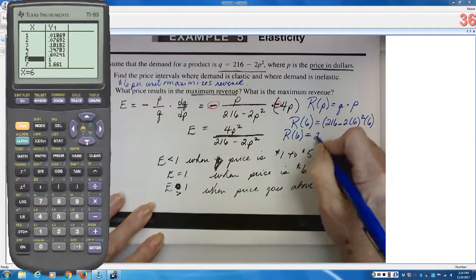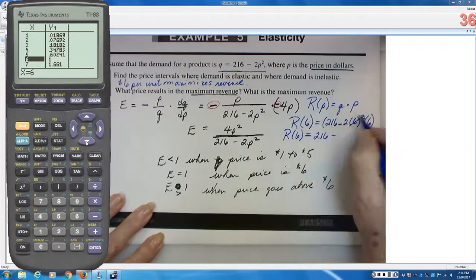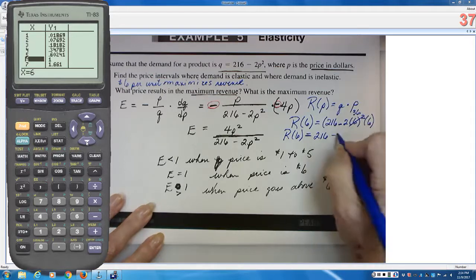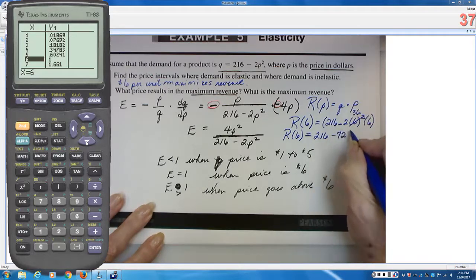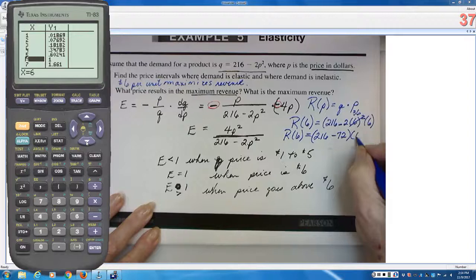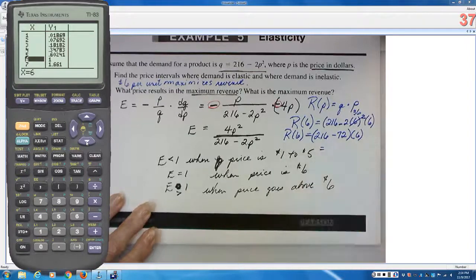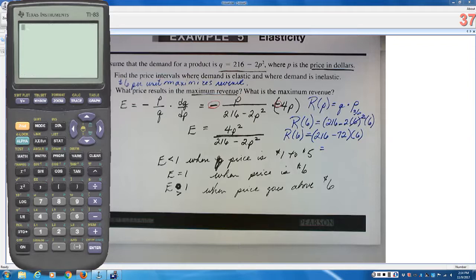So we have 216 minus, 6 squared is 36, and 2 times 36 is 72, times 6. So our maximum revenue is $864.